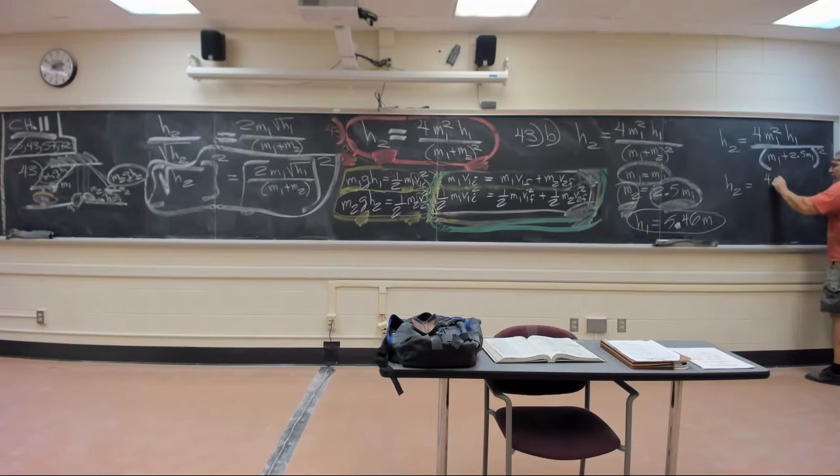This is 4 M1 squared, H1. This is 1 M1. This is 2.5 M1. This is 3.5 M1 squared. Okay. See what else we got. H2. This is 4. This is M1 squared. This is H1.